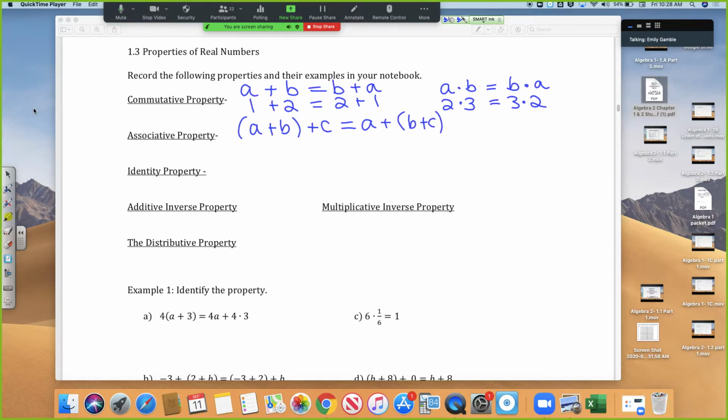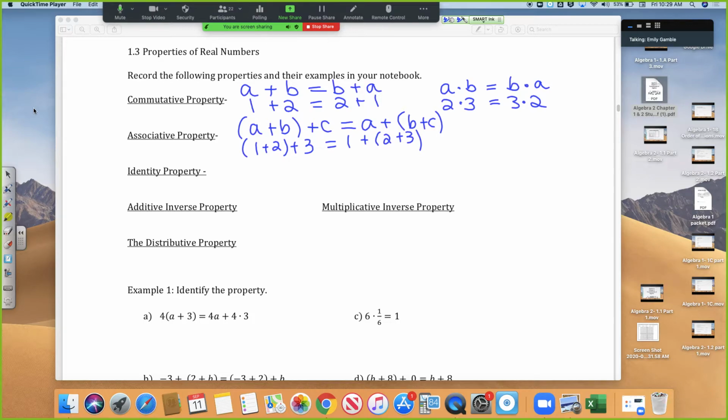Notice, in the associative property, it's A, then B, then C. A, then B, then C. But the grouping changes. They grouped A and B together first with C on the outside, and then A was on the outside, and B and C were grouped together. Using numbers, if we had 1 plus 2 plus 3, that's the same thing as 1 plus 2 plus 3, with different grouping.